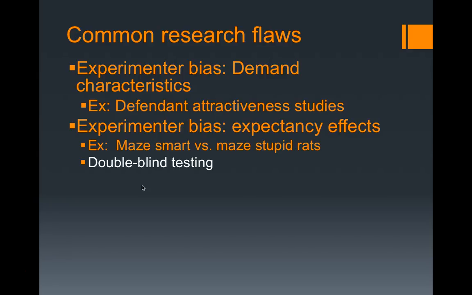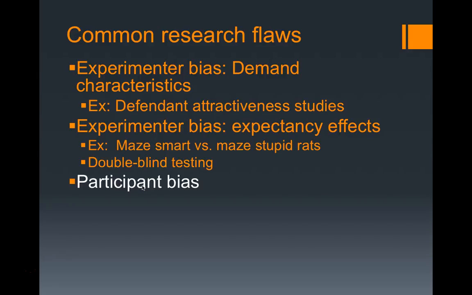So that they can't communicate their expectations unconsciously and subtly. So double-blind testing is an extremely important factor that must be included in any kind of experimental study involving human experimenters. And most experimenters are, of course, human.